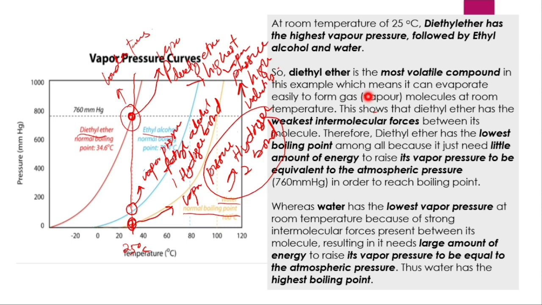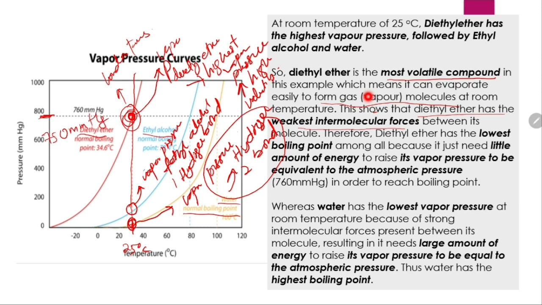So diethyl ether is the most volatile compound in this example, which means it can evaporate easily to form gas or vapor molecules at room temperature. This shows that diethyl ether has the weakest intermolecular forces between its molecules. Therefore, at 25 degrees Celsius, you already have about this much amount of pressure. It's 750, for example.